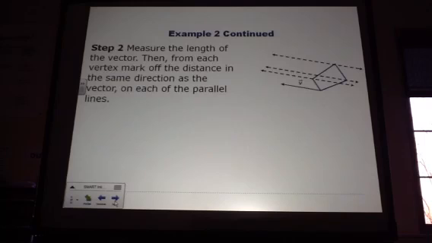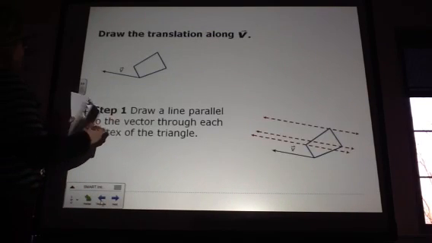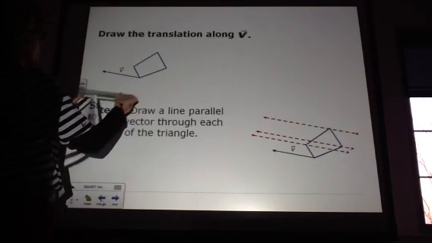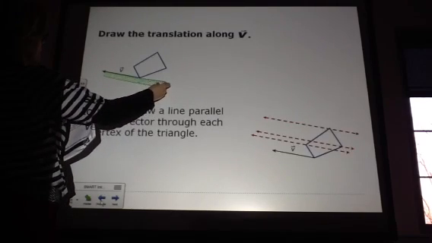Okay, measure the length of the vector, then from each vertex, mark off the distance in the same direction as the vector on each of the parallel lines. So you need to go back here with your straight edge, and measure this vector from the initial point to the terminal point.